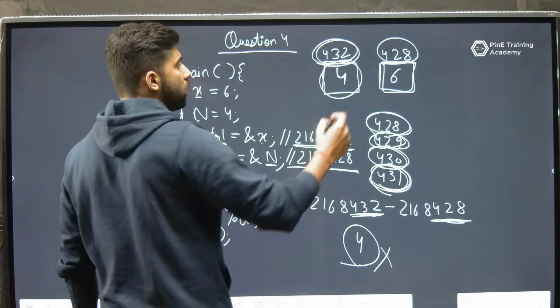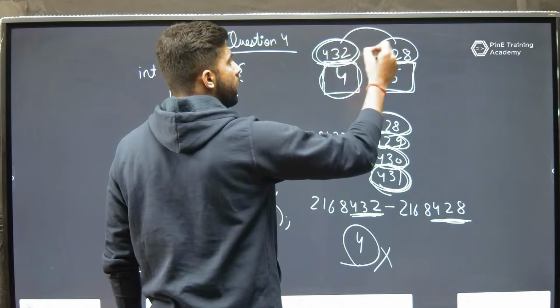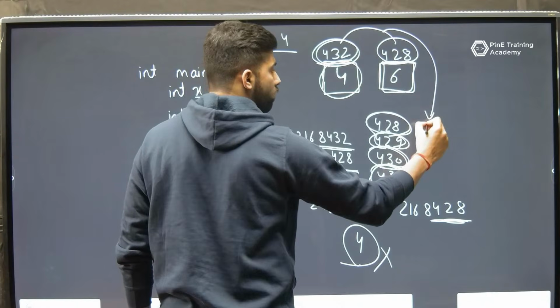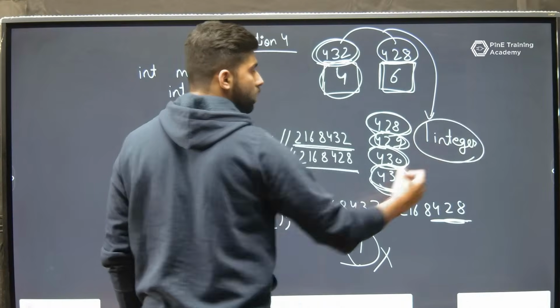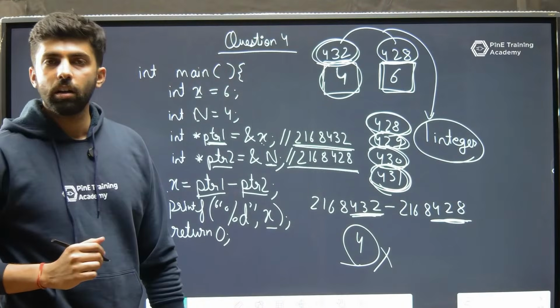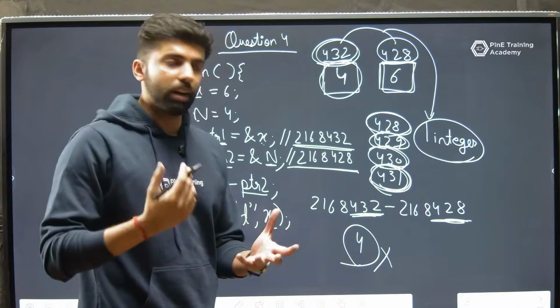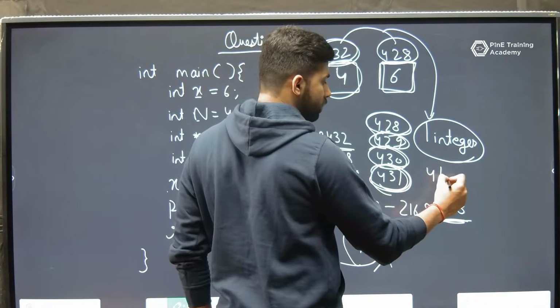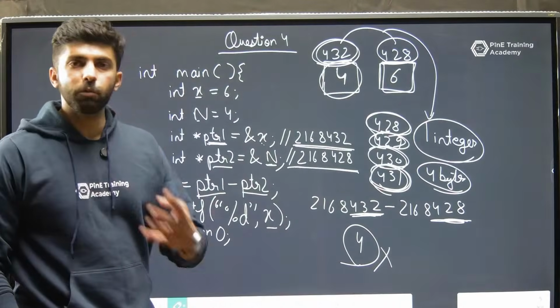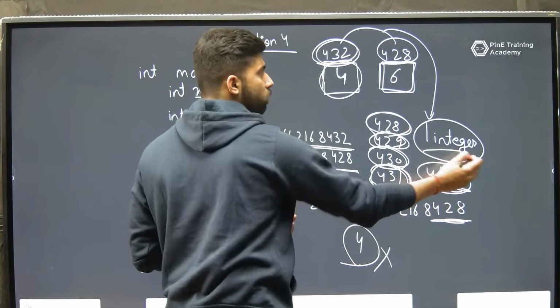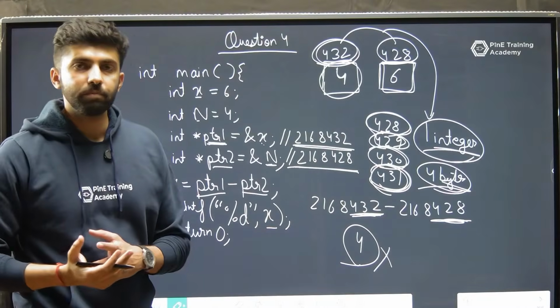That means there is only a difference of one integer, which is 4 bytes. The difference between both of them is 4 bytes, which is only one integer.